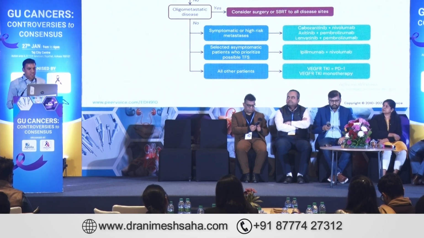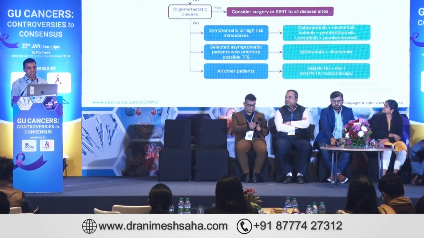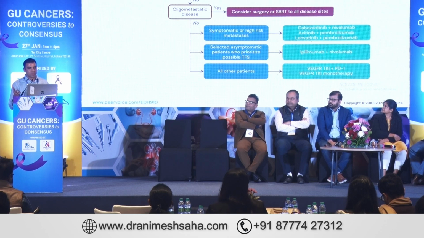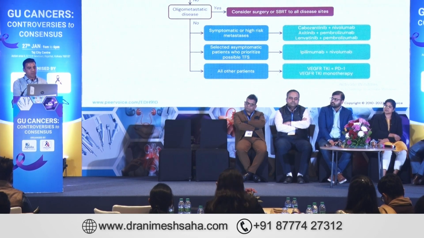Basically, favorable risk disease is predominantly driven by the VEGF pathway. That is why in most of the favorable risk patients, single agent VEGF TKI is good enough, if of course it has an indolent biology. And then we discussed, if it is an oligometastatic disease, we should consider the local therapies as well.